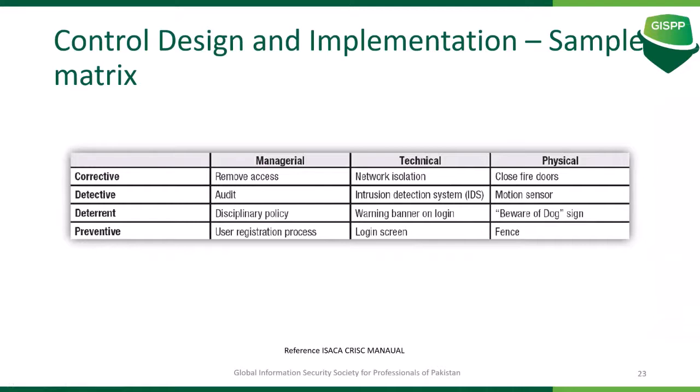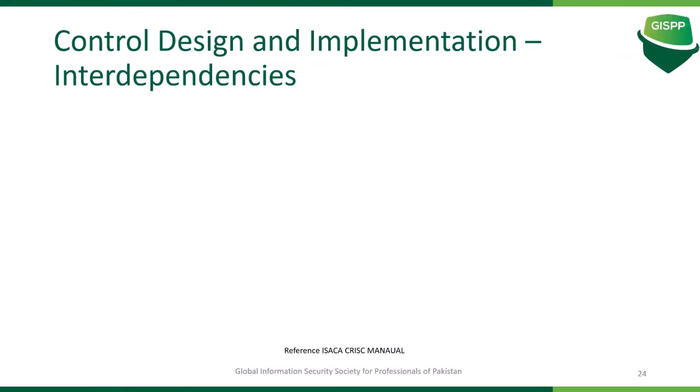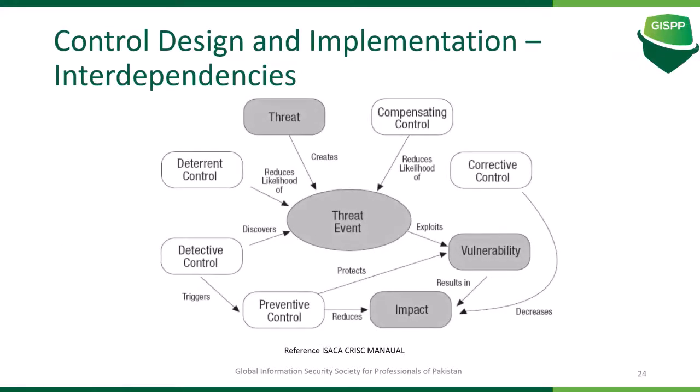We will have network isolation, and make sure that end users and management people are in different subnets and different VLANs. And for physical control, we have fire doors that we can close in case of fire.